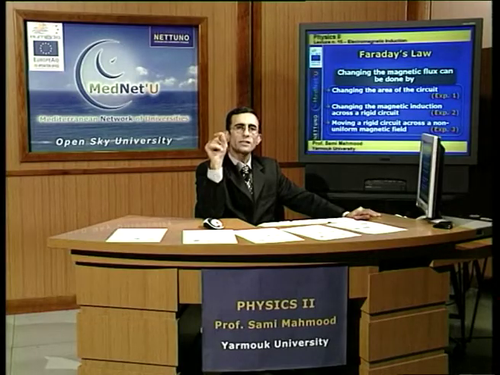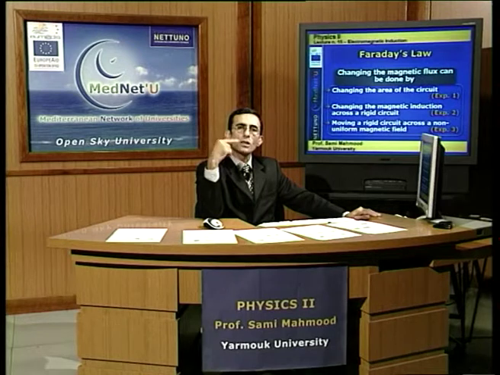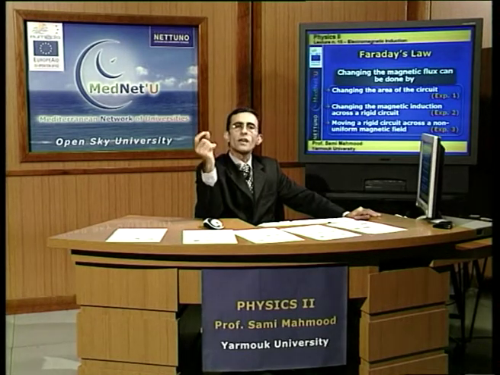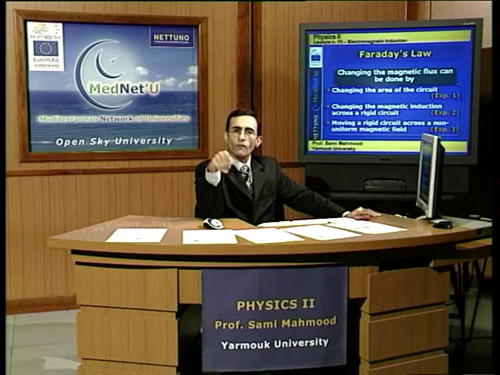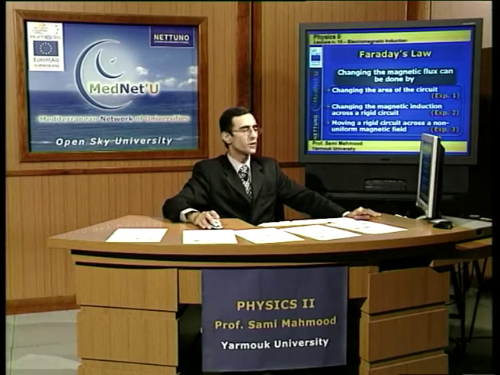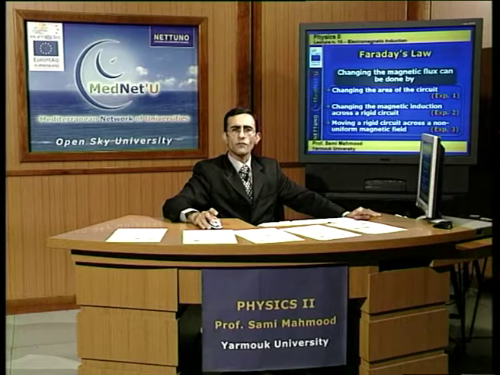So we notice that in all the experiments we have encountered, in each case we have a changing magnetic flux in one way or another. And all of them, in the case of changing magnetic flux, led to the induction or production of a current that flows in the loop as a consequence of the changing magnetic flux across the loop.